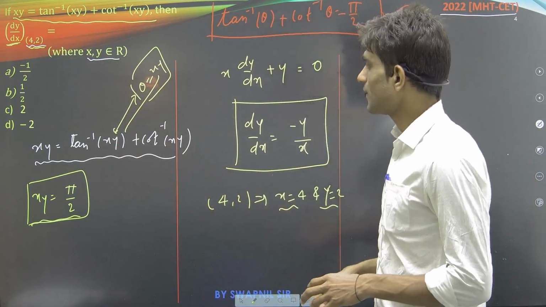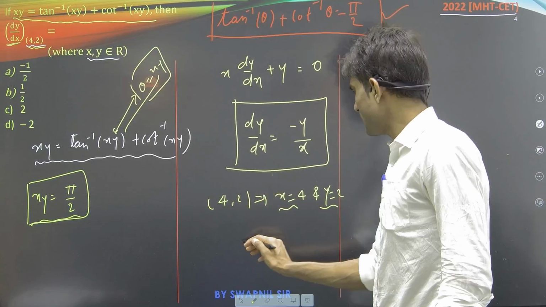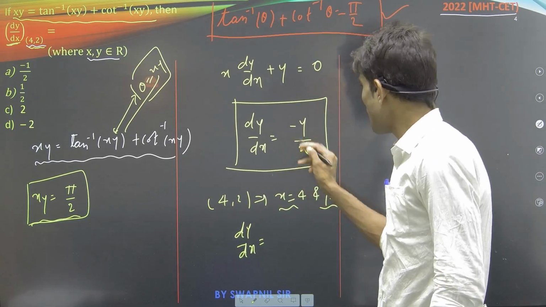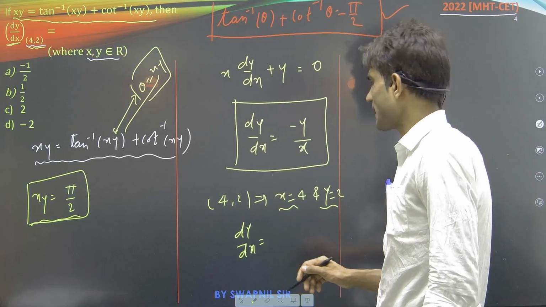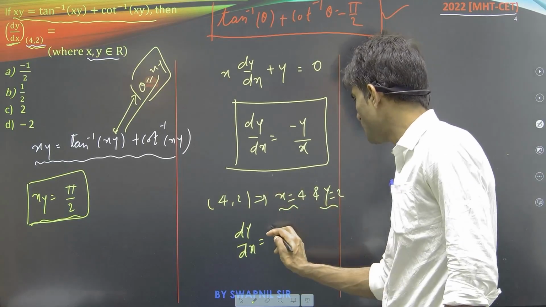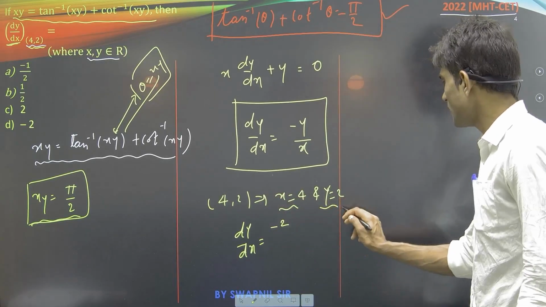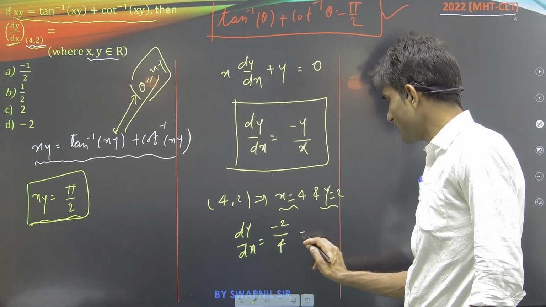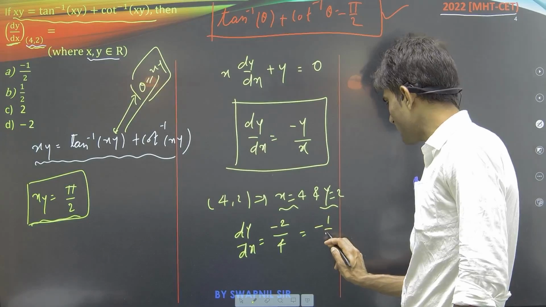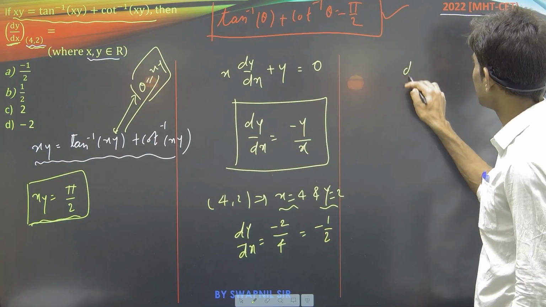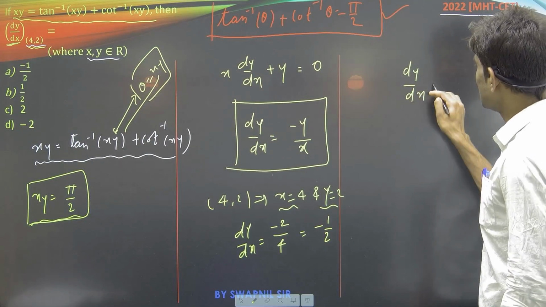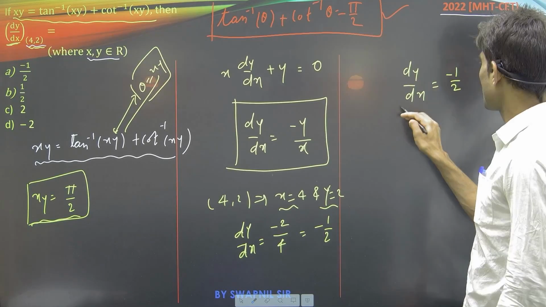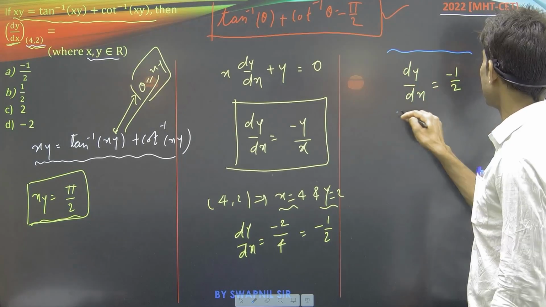Now dy by dx equals minus y divided by x, so minus 2 divided by 4, which is minus 1 divided by 2. So our required answer for dy by dx is minus 1 divided by 2.